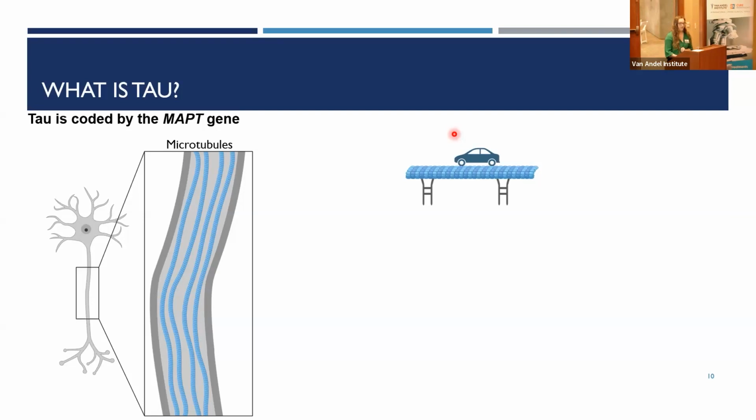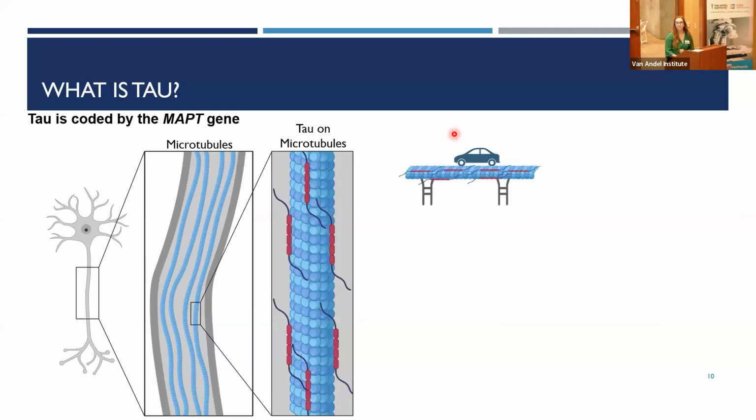So if we zoom in on these microtubules further, what we actually see is the protein I'm showing in red is tau. And tau binds to these microtubules and performs a really important function here. They keep the microtubules stable. They're really important in keeping that structure together.